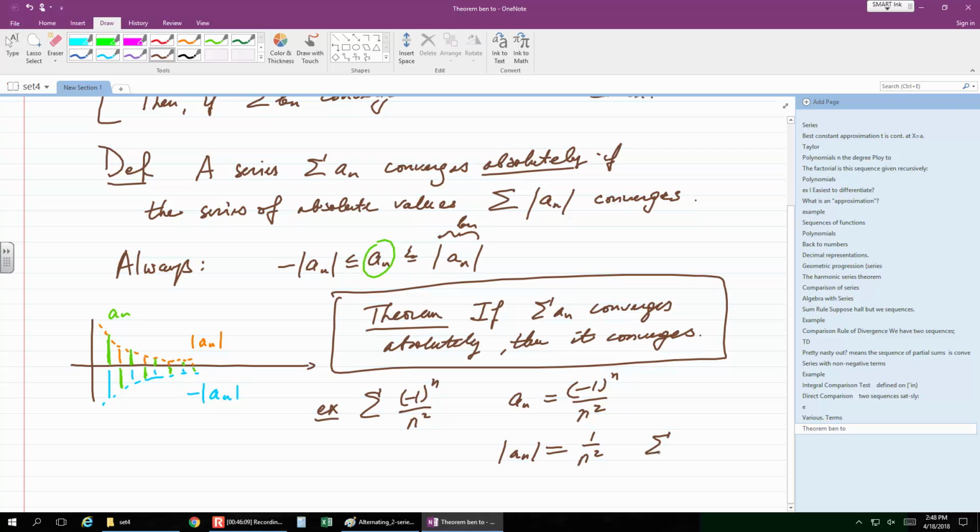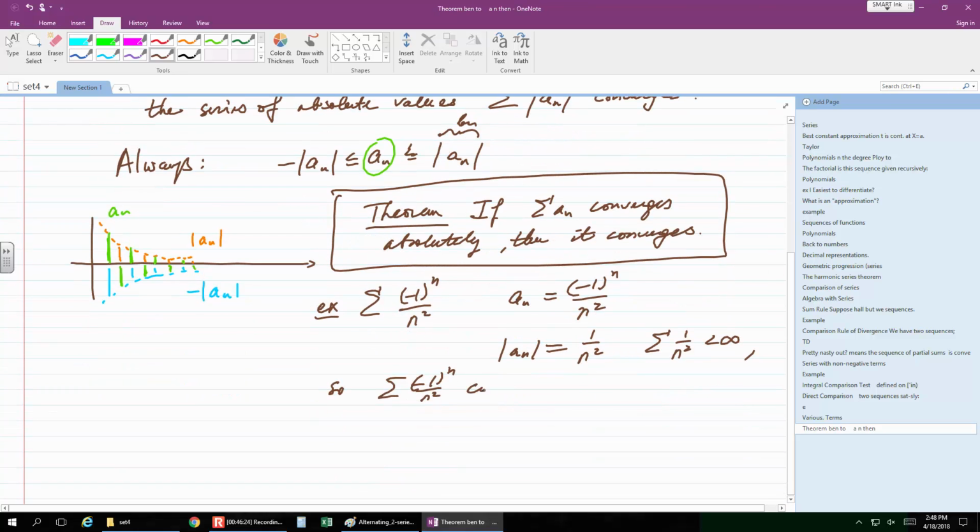You know that the sum of 1 over n squared is convergent. So it means that the sum of negative 1 to the n over n squared converges absolutely. So it converges.